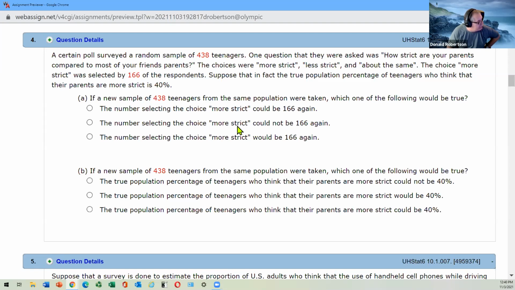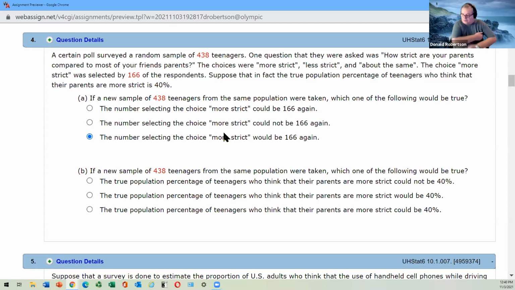The number selecting the choice more strict would never be that number, or the number selecting the choice more strict could be that number. So it either would be it, couldn't be it, or could be it. Let me read it again. Every word is a prisoner here. Which one of these three is actually the correct response?